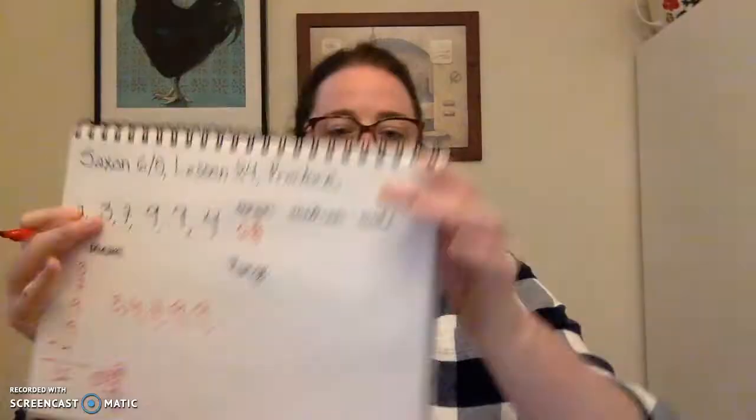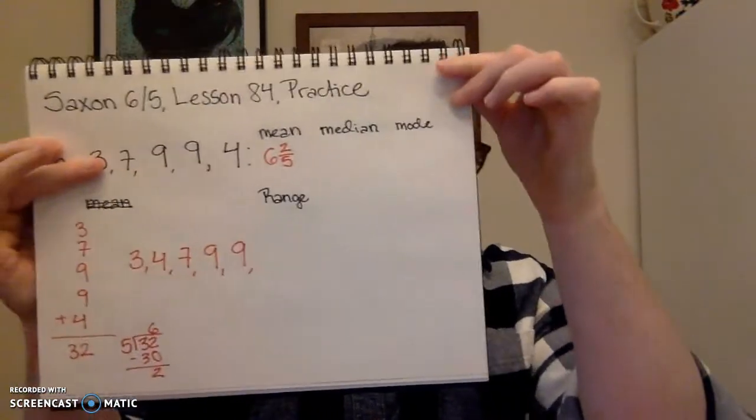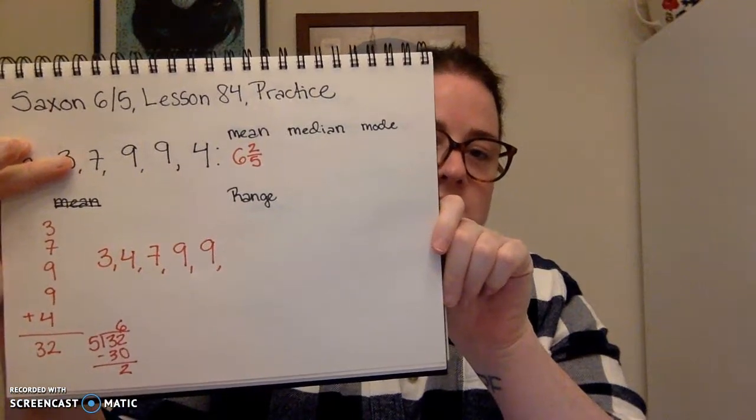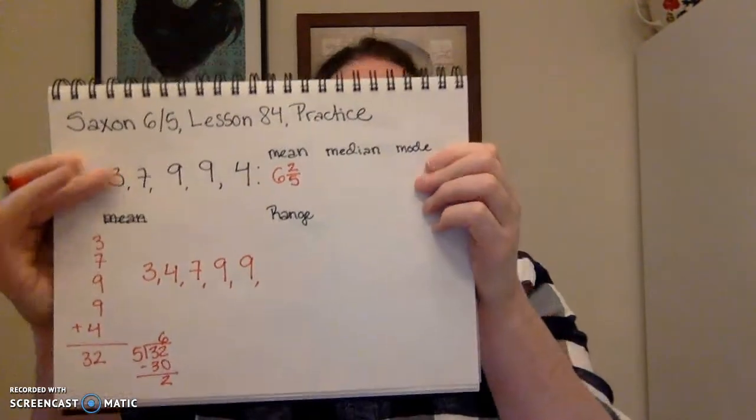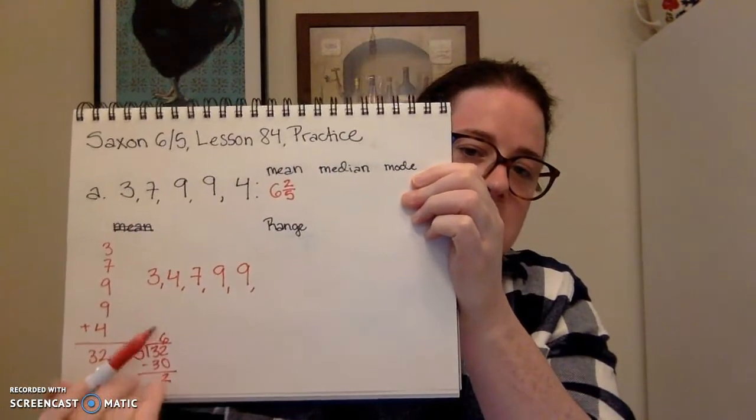In order to find the median, we need to put our data set into numerical order. All right, so if we put our data set into numerical order, we get 3, 4, 7, 9, 9. Now, I don't know if I can hold this up and do this at the same time.